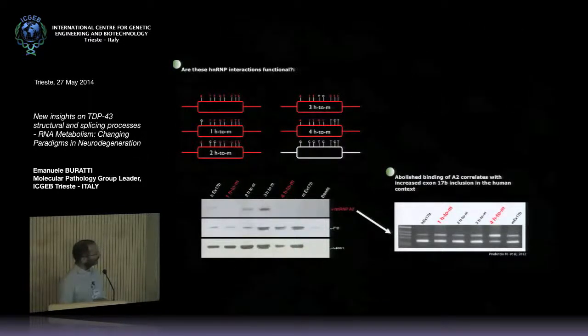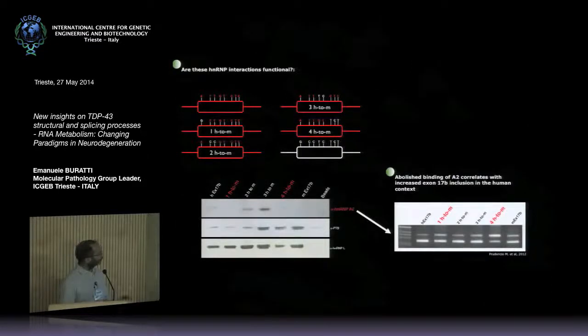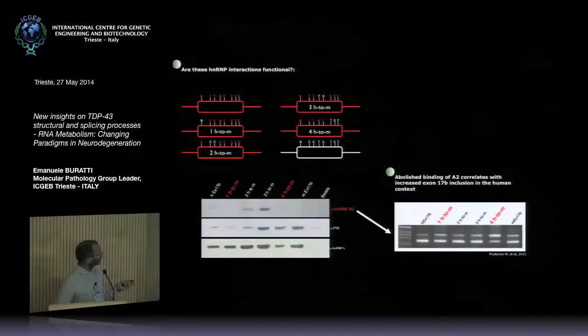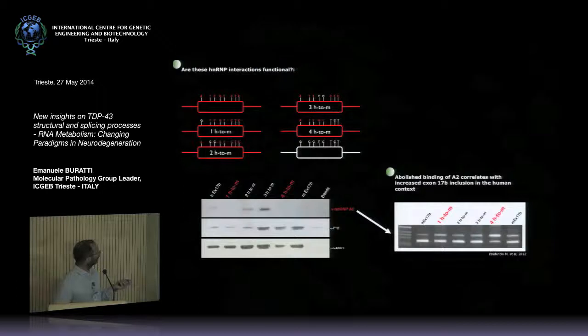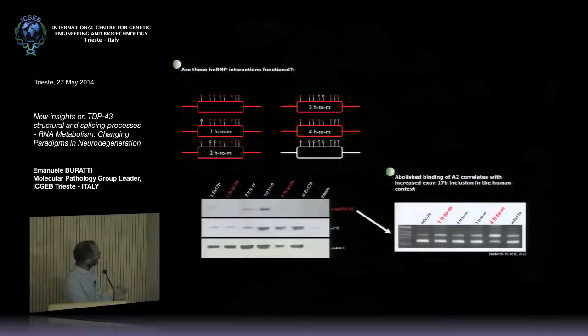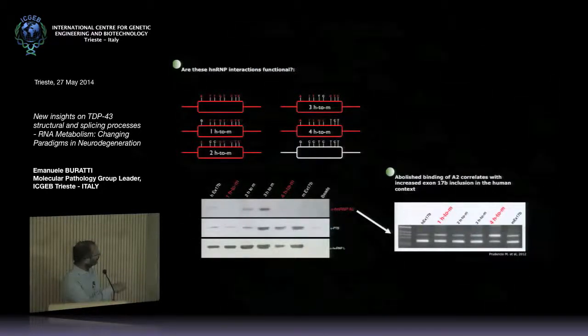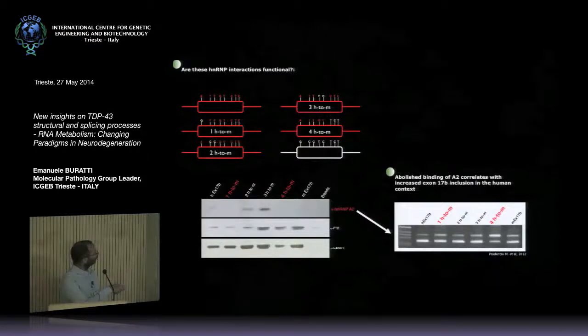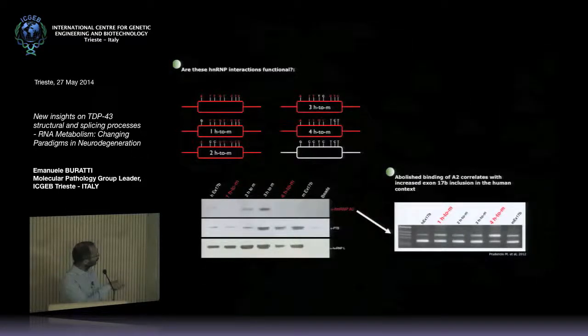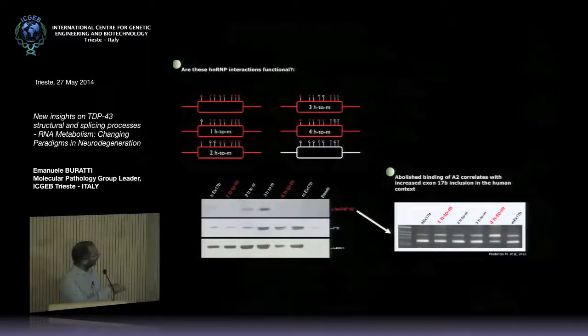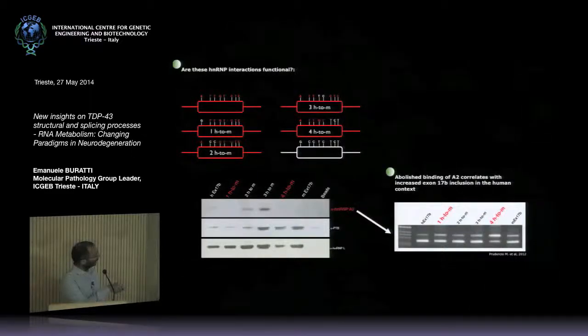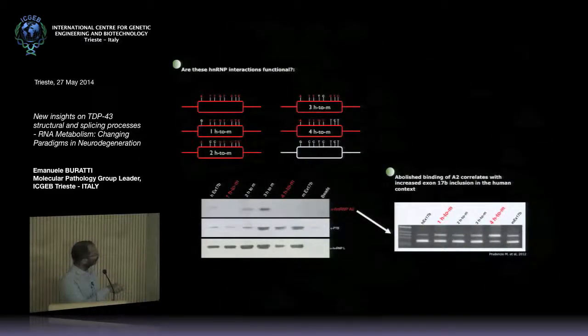And when we tested for the binding of these mutants to some of these factors, especially HNRNPA2, you can see that inside the human exon you have binding of HNRNPA2, you have binding to the two mutants, 2 and 3, where you really have no difference in the splicing profile with respect to the mutant.